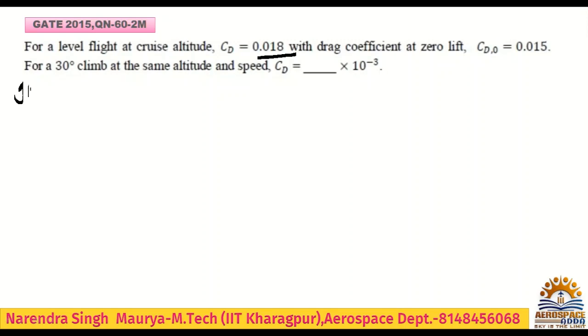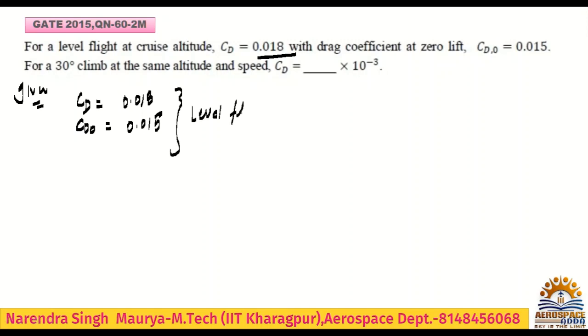So what is the given data? For a level flight at cruise condition, the CD value is given, with drag coefficient CD naught 0.015. So this is for level flight. Next, it is climbing flight.